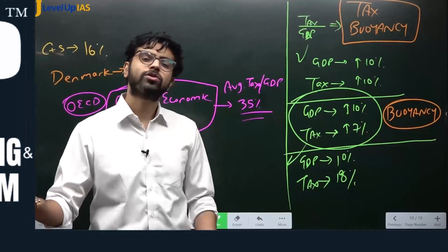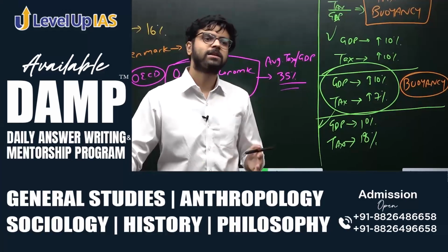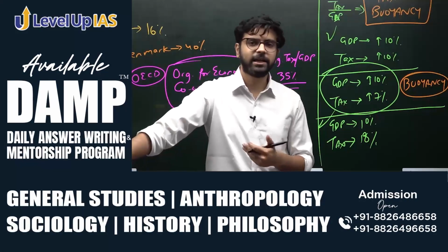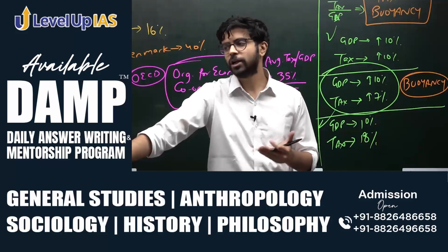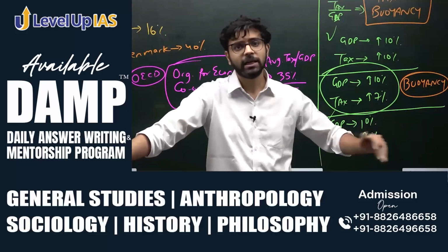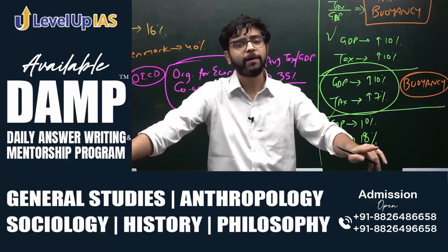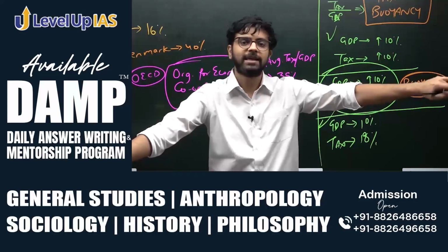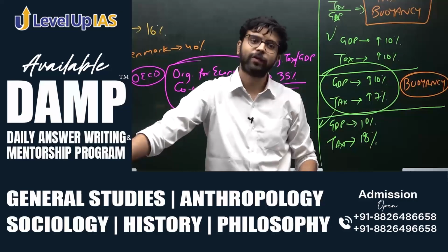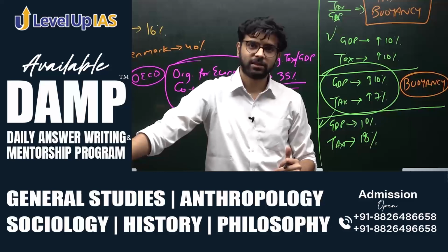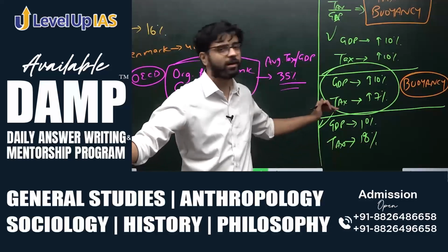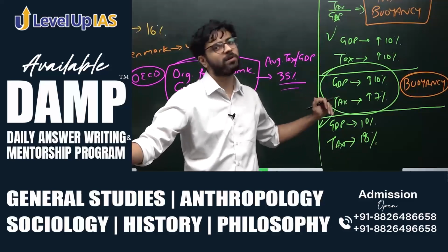Yes or no? So normally in the budget they say that we are aiming for increasing tax buoyancy by catching the tax evaders. See, their GDP is already included here, but their tax is not coming because they are evading.